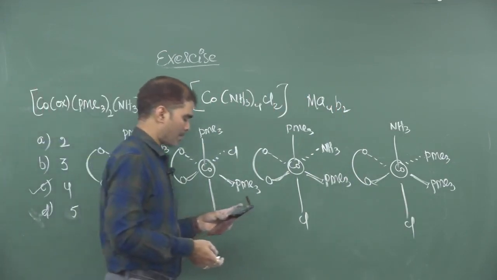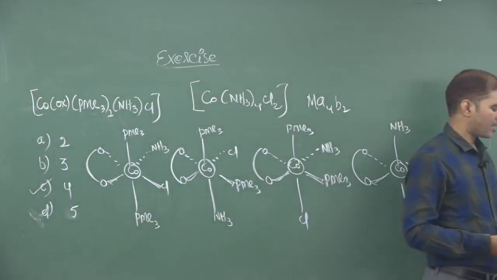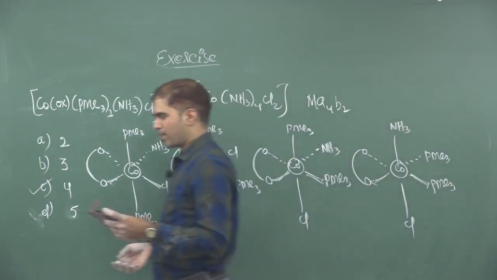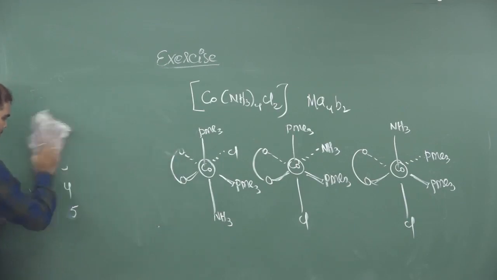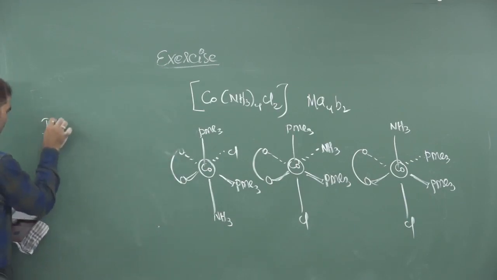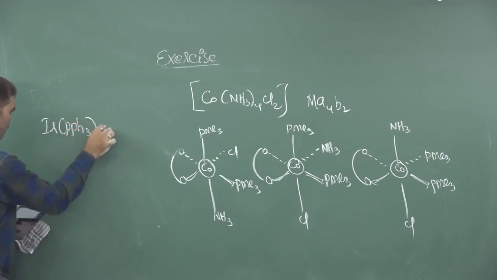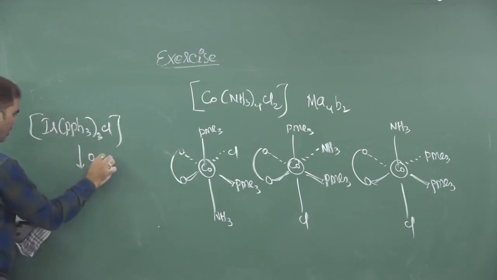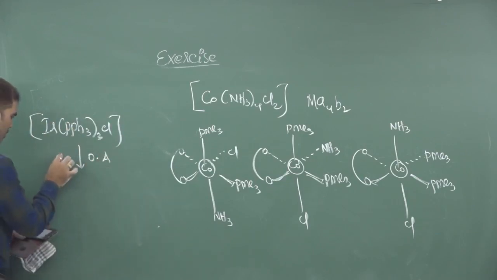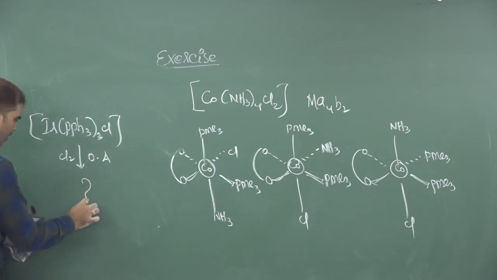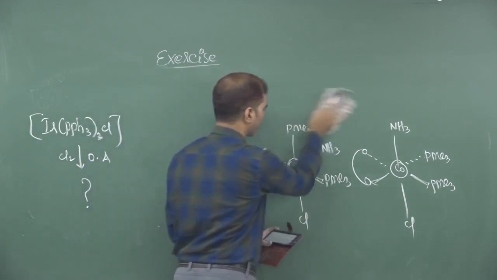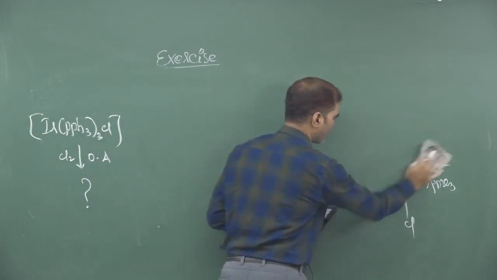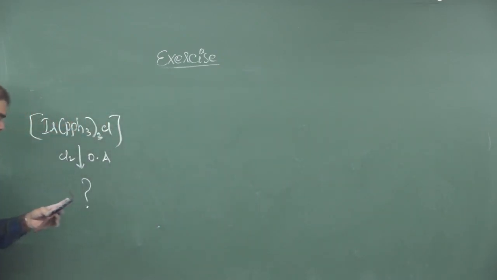Write down another question. A square planar complex, iridium (PPh3)2Cl, undergoes oxidative addition with Cl2, chlorine, to give two products.